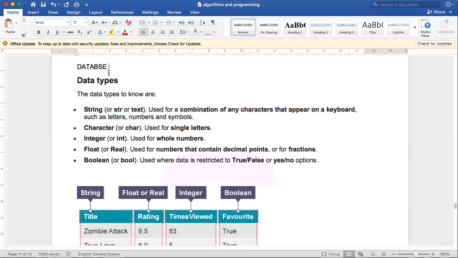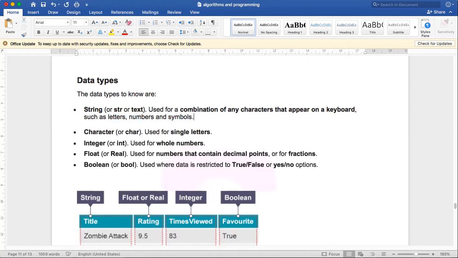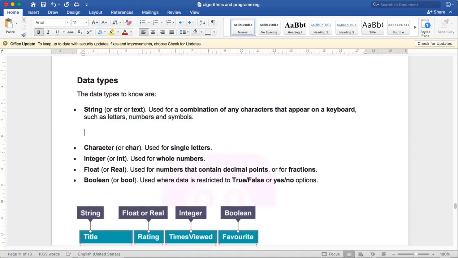So it means that whatever appears on our keyboard, that is in letters, that is in numbers, that is in symbols, are known as a string, right? Okay, let's suppose I'm giving an example. Let's suppose I'm typing name Sarah. Sarah is a string value, right?